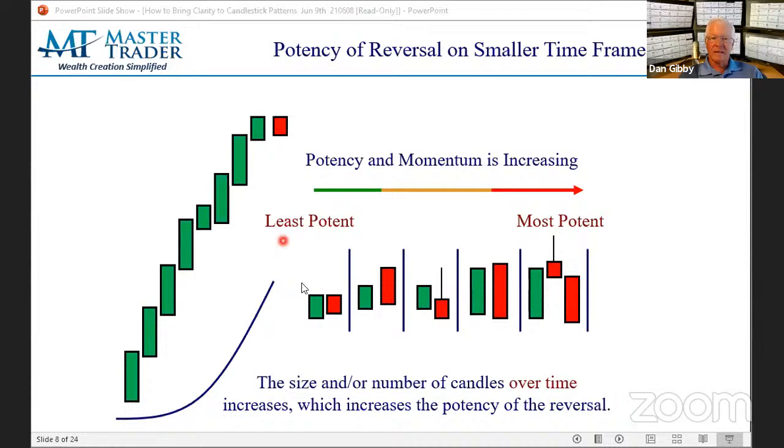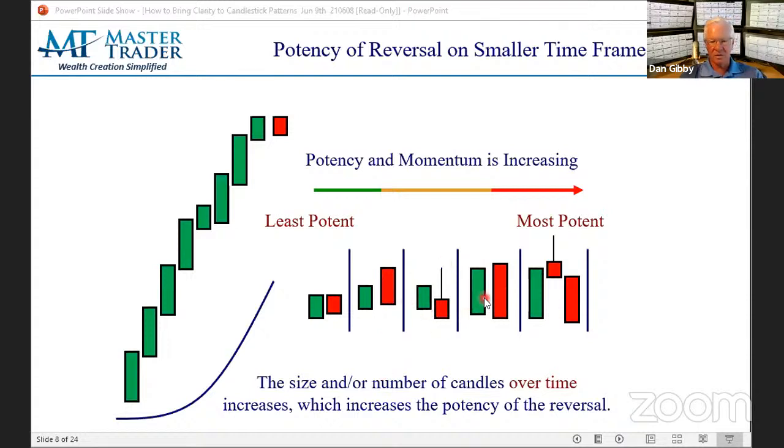And there's different pictures of what we call potency of that reversal. So this one on the left right here, which is a daily chart still, that's not a potent reversal. At least this one gapped up and the selling happened immediately. This middle one took out the high and then closed below the prior bar.